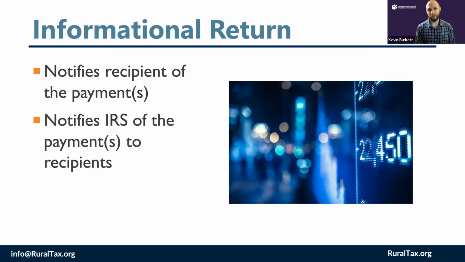And so basically what it does is it notifies the recipient that those payments were made during the year, and it notifies the IRS that those payments were made to the recipient. So for the recipient, ideally, in that situation, let's say you paid someone $800 for rent, that just confirms what they have recorded through the business, that yes, Farmer A has paid us $800 for rent during the year.